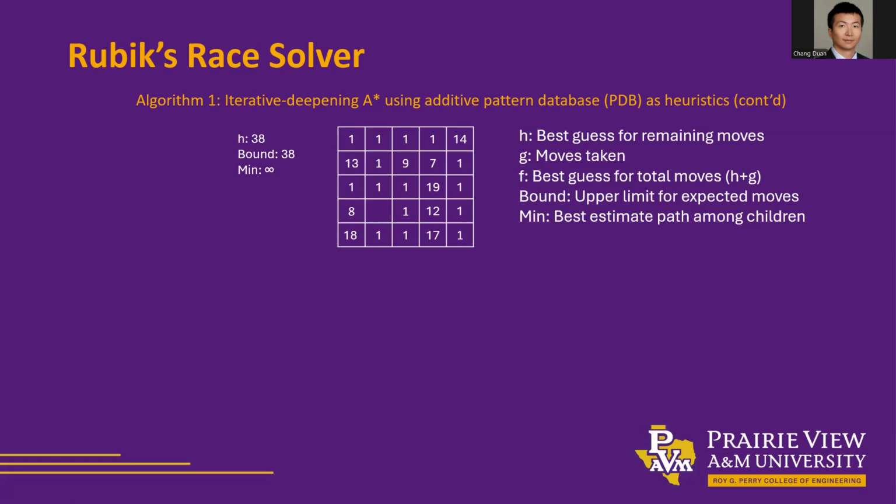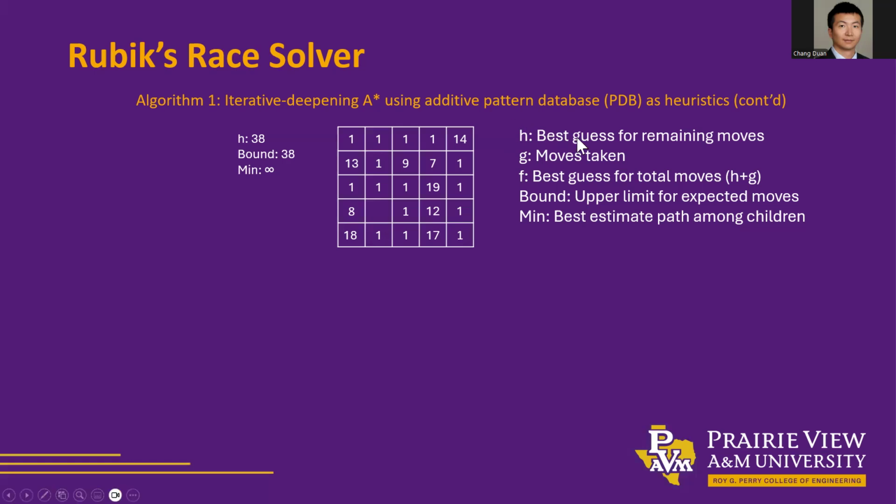Okay, so now at runtime, it follows the iterative deepening A star algorithm, which I will briefly explain here. First, let's talk about the symbols. H is the heuristic function, which is given by looking up the pattern database we generated offline.